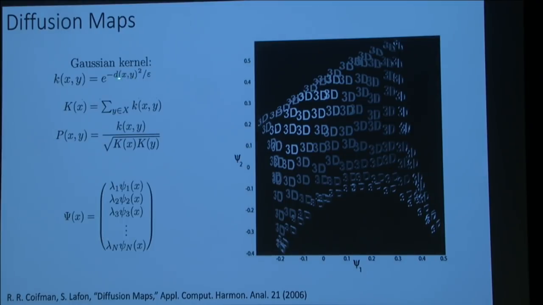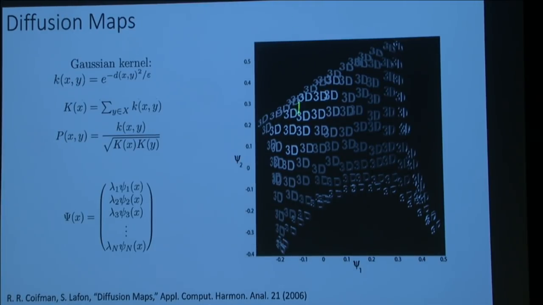And after giving these pictures, you put a kernel on that distance, a Gaussian kernel, and then you look at this sort of random walk given by this kernel distance, and you look at the eigenvalues and eigenvectors of that particular matrix. Then eventually you can project onto these first two diffusion map coordinates and see, in some sense, a projection of your data which preserves local distance relations but not necessarily global ones. And most importantly, it seems to capture organization in your data, intrinsic organization in your data.